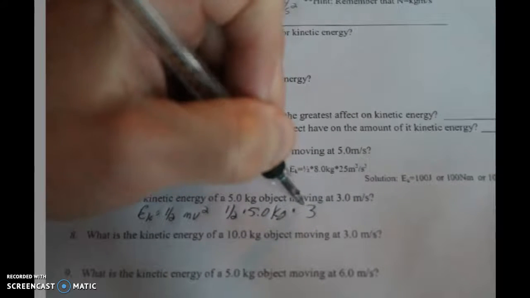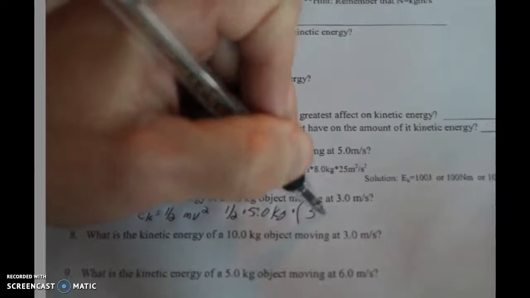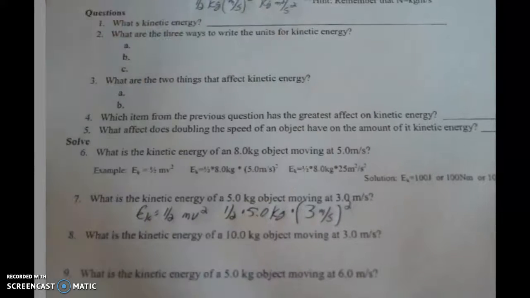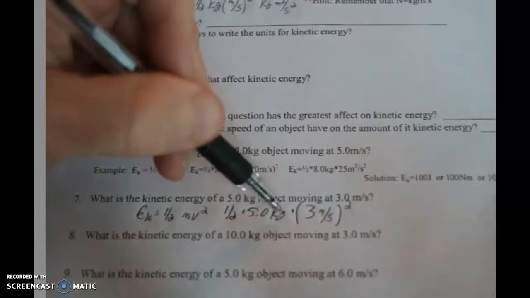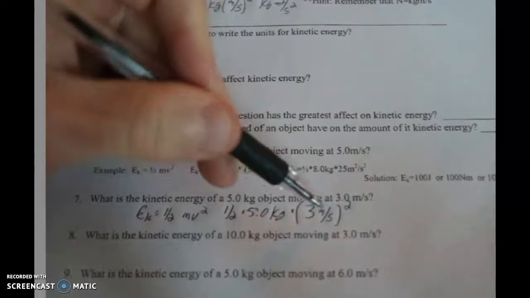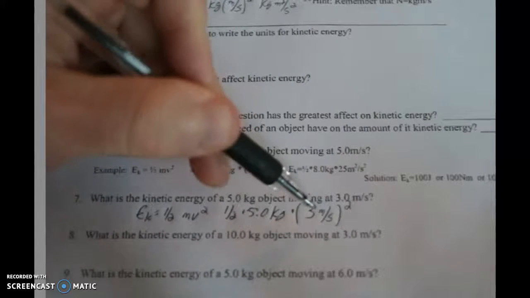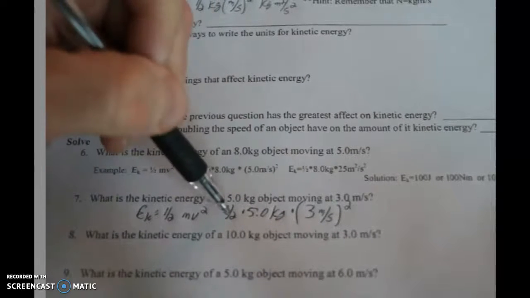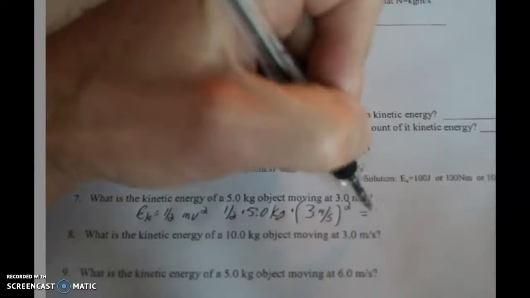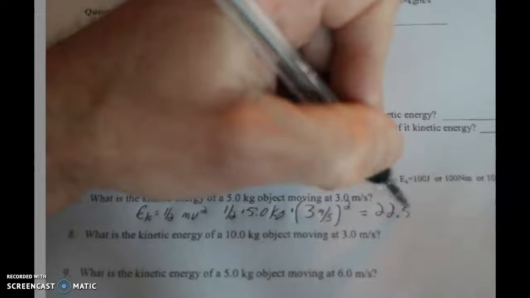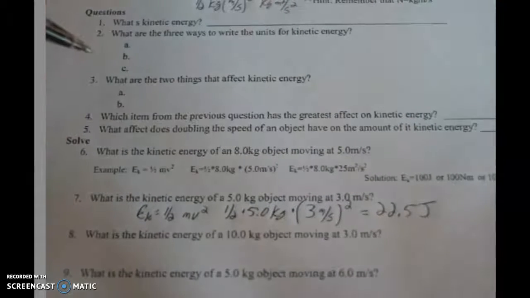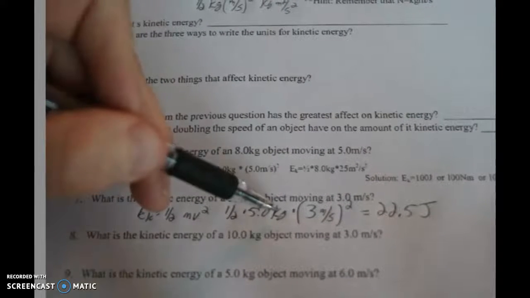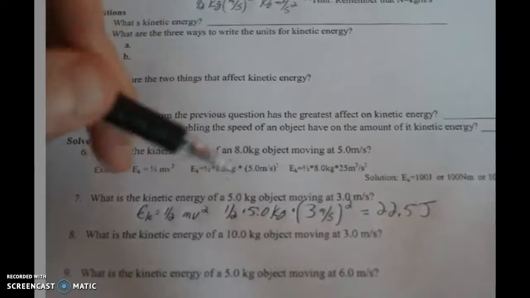It's just the velocity that is squared, so I'm going to put that in parentheses. Now if you look at the units, you get kilograms, and since this is getting squared, it's kilograms meters squared per second squared. Don't forget about the half. If you do all this correctly on the calculator, assuming I did it correctly, you get 22.5 joules. But remember, that's the same as kilogram meter squared per second squared.